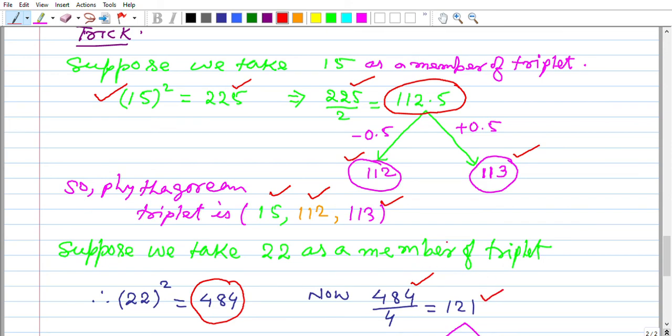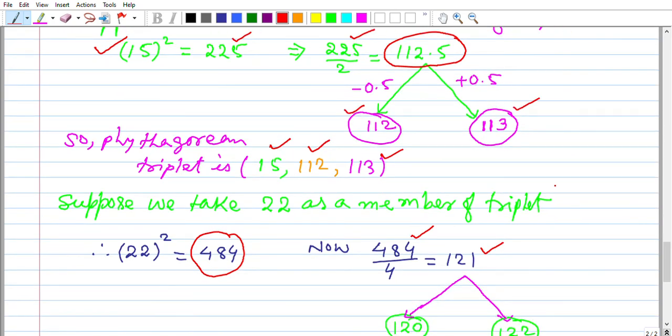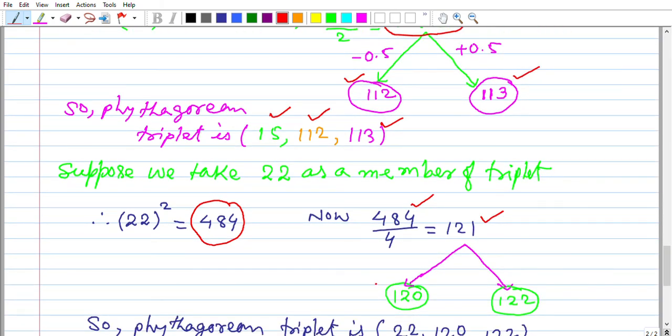Minus 1 and plus 1 from 121: we get 120 and the third number, which is 122. Thus we write the Pythagorean triplet as 22, 120 and 122. Is it clear?